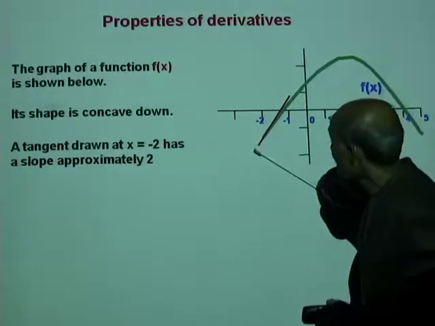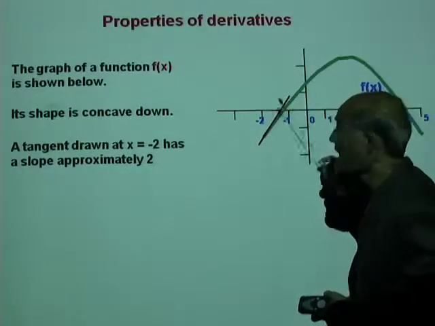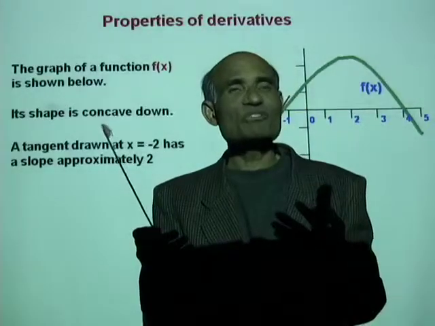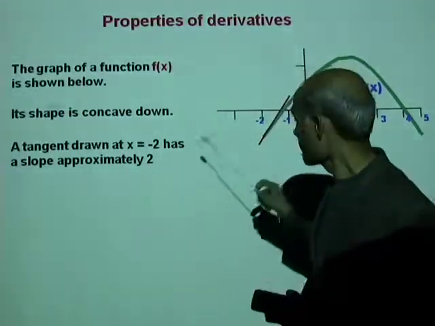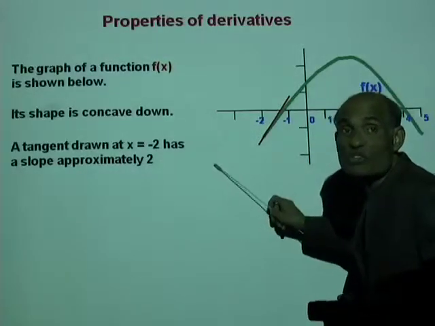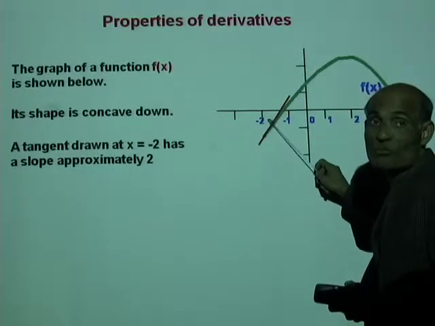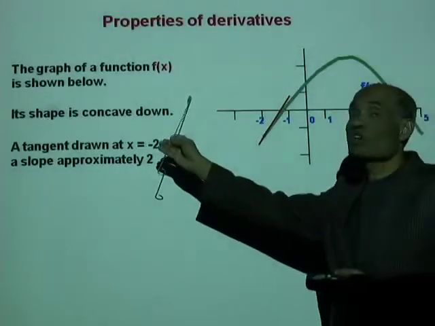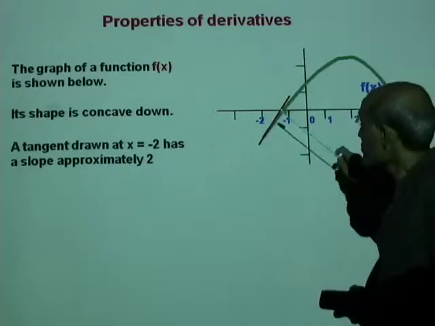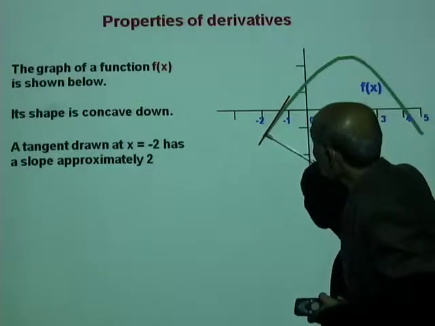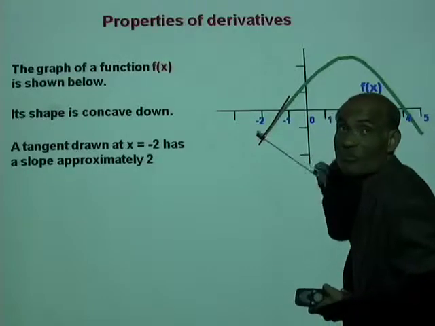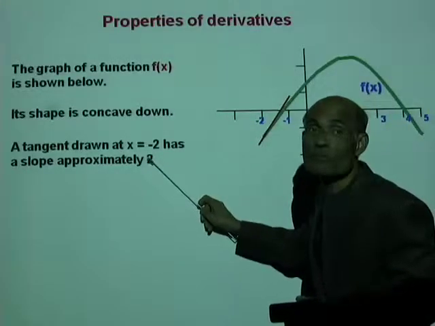You notice that the slope of this tangent line is positive. How do you know if the slope of a graph is positive or negative? If the tangent line is sloping up like this, it's an increasing function. Its slope is positive. If the tangent line is decreasing, its slope is negative. So here, at x equal to negative 2, this tangent line has a positive slope, approximately 2.